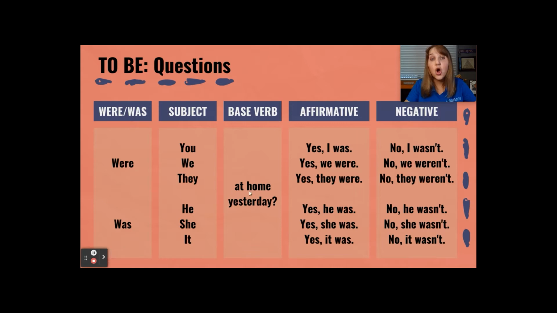Was he at home yesterday? Yes, he was. No, he wasn't. Was she at home yesterday? Yes, she was. No, she wasn't. Was it at home yesterday? Yes, it was. No, it wasn't.